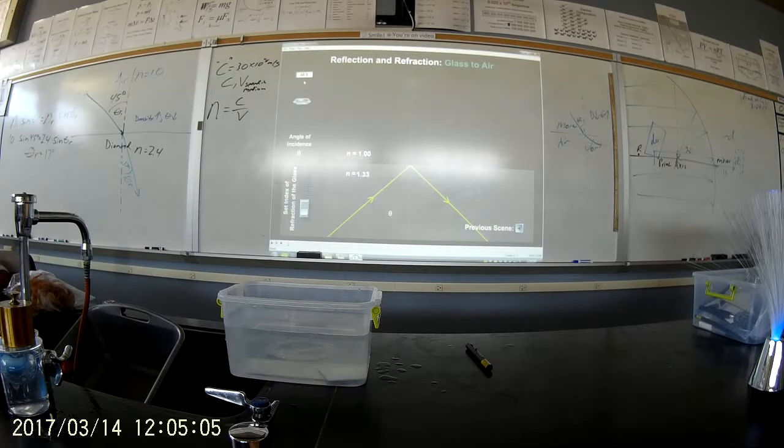Can't leave. So 48 is my critical angle, because water has a set index of refraction. Now, if we get a huge index of refraction, like syrup, then the critical angle is actually really small. The critical angle is only 34 degrees. At 34 degrees, everything above this gets trapped.